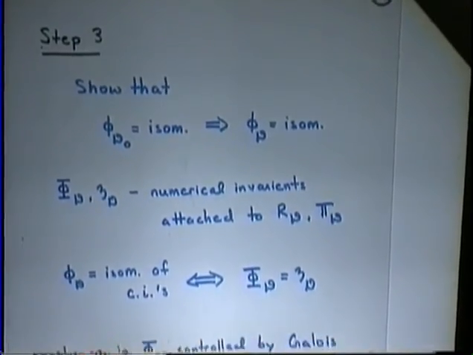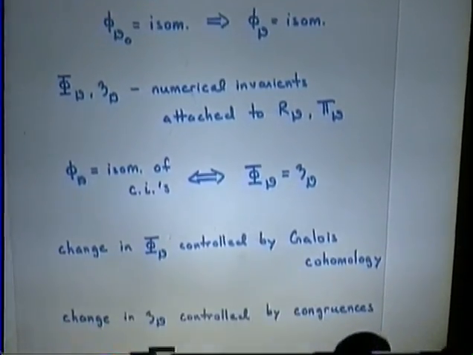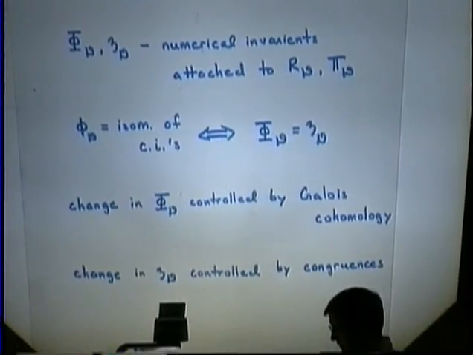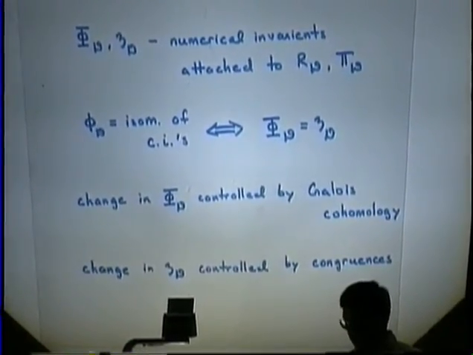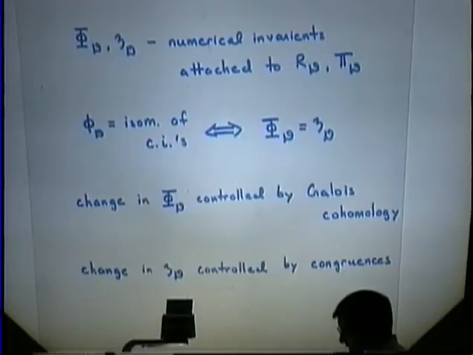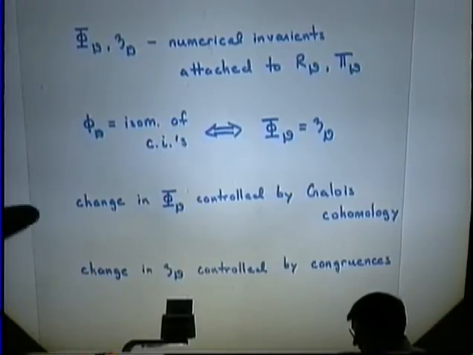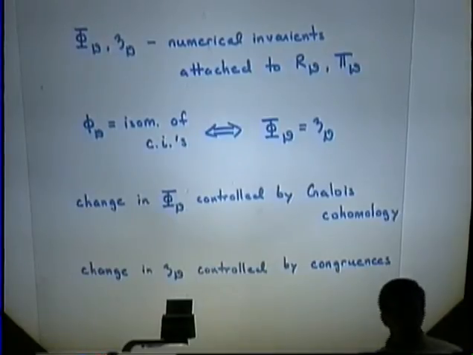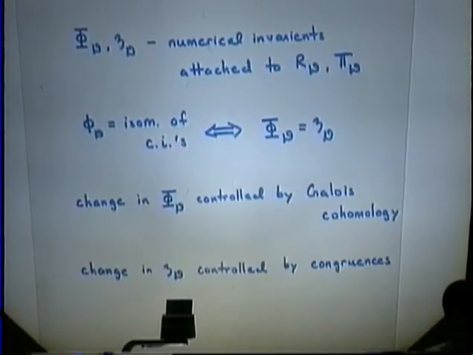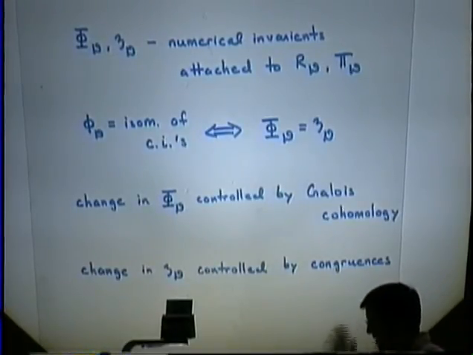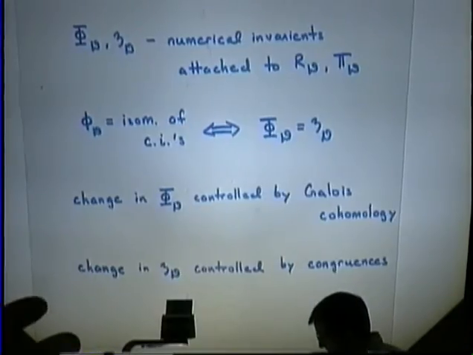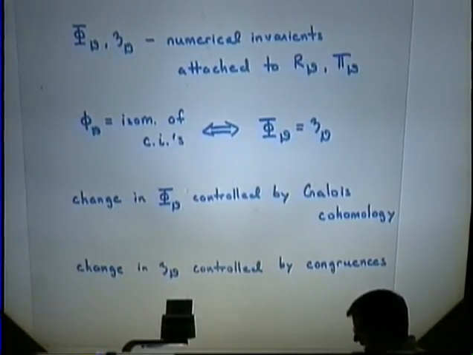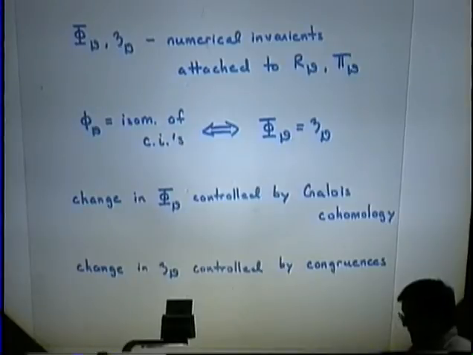So you have this equality at the minimal level, and then you just need to figure out how these numerical invariants are changing. And the numerical invariant attached to the deformation ring is just controlled by a Galois cohomology group. So you just need to compute some orders of Galois cohomology groups, no problem, right? And the second numerical invariant, that attached to the Hecke algebra, is somehow measuring congruences of modular forms.